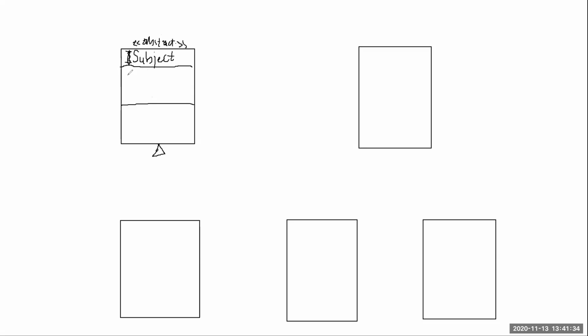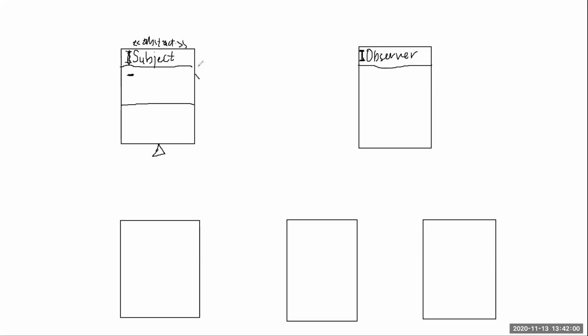So this abstract subject has, what's the name of this? Observer. Exactly. This is also an interface. It can be an interface, by the way, because there's nothing that we could re-implement.